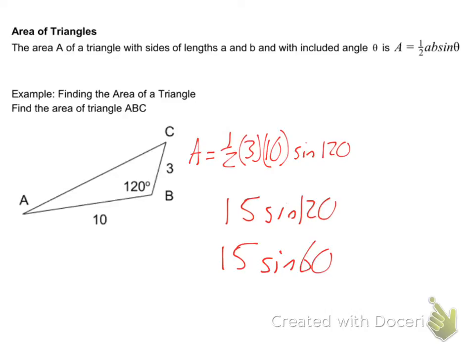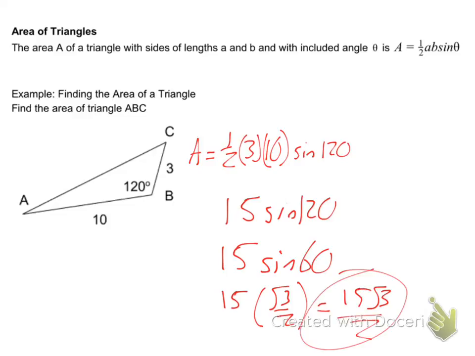Sine is positive. Therefore, I don't need to worry about signs because sine of 60 is also positive. And what's the sine of 60? So the answer is 15 square root of 3 over 2 units squared. Done.